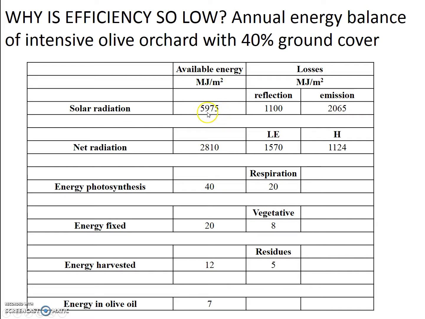That amount of solar radiation is partly reflected, more than 1,000 megajoules per square meter, and part is lost by radiation emission with more than 2,000 megajoules per square meter. The radiant energy not lost, what we call net radiation, is roughly 50% of the total solar radiation.